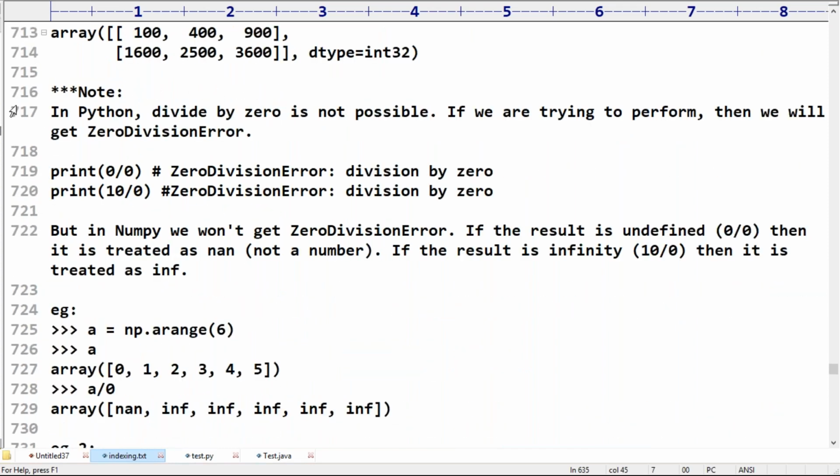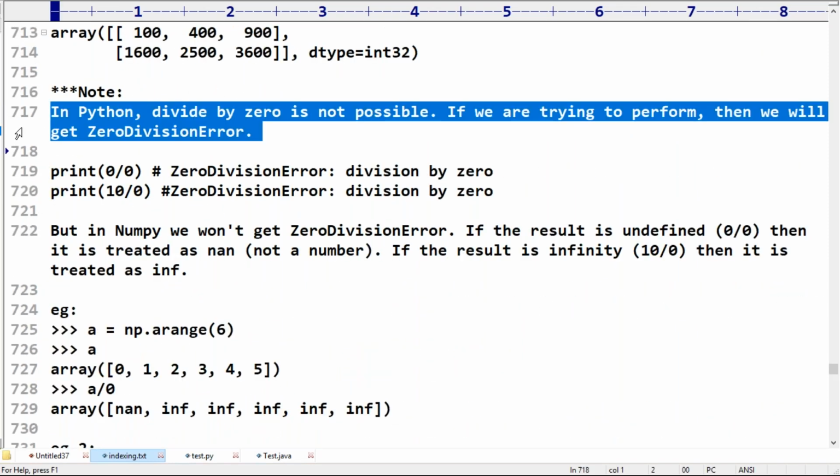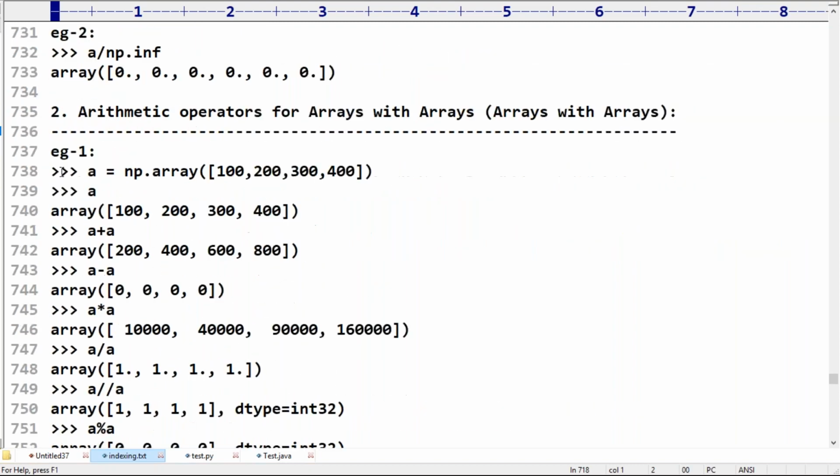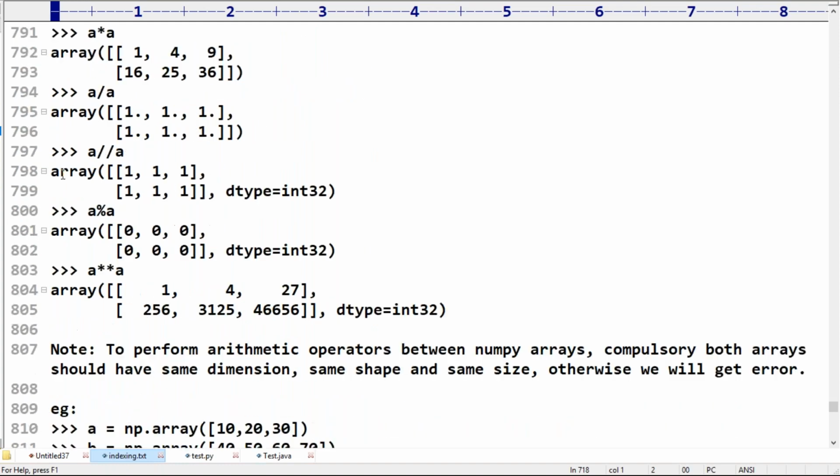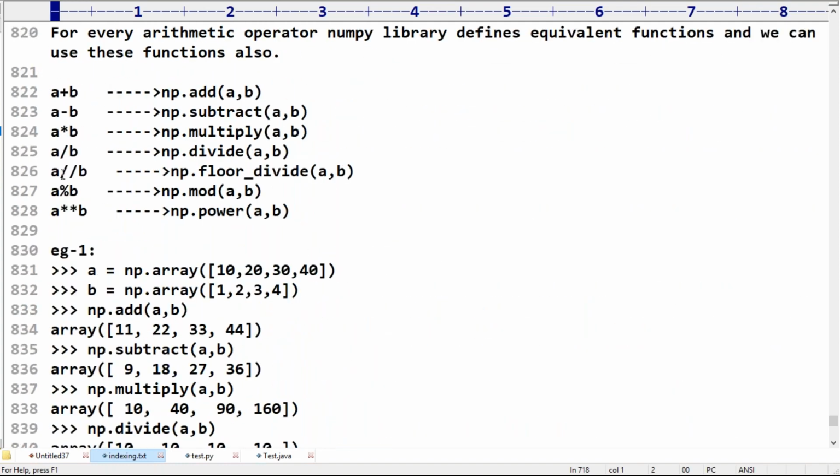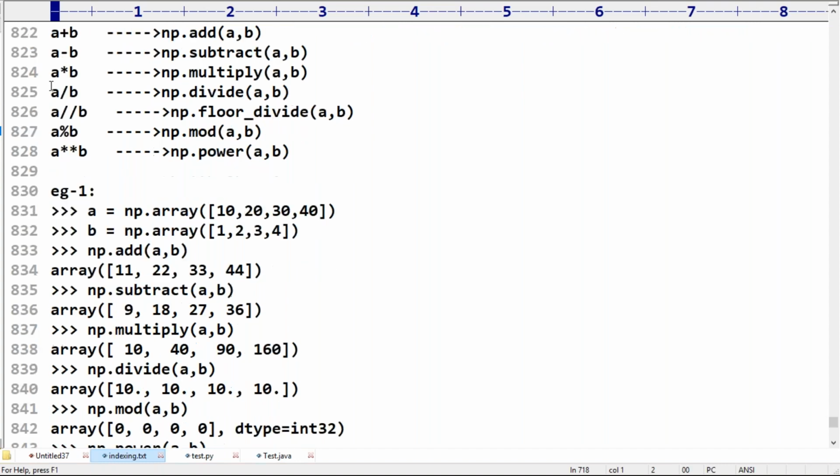One small point I also told: in Python divide by 0 is always a ZeroDivisionError, but in NumPy we are not going to get that error. Next, instead of operators, you can call the functions also. Universal functions are available in NumPy. Happily you can call these functions also, no problem at all. That's it.